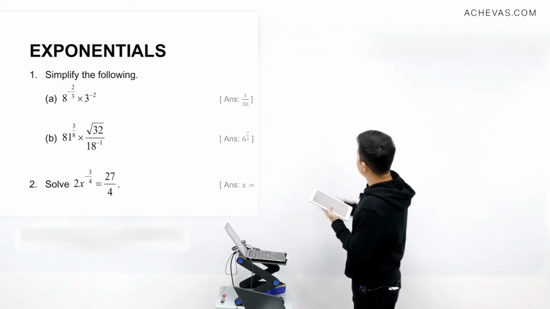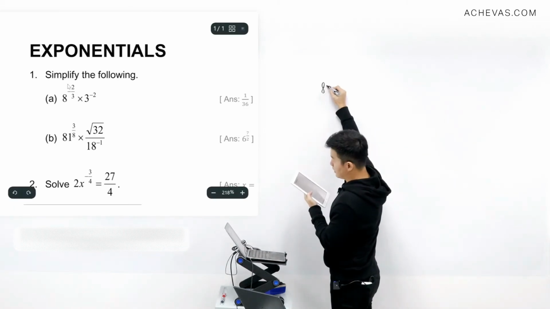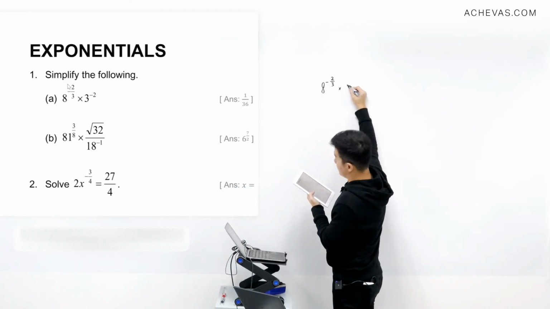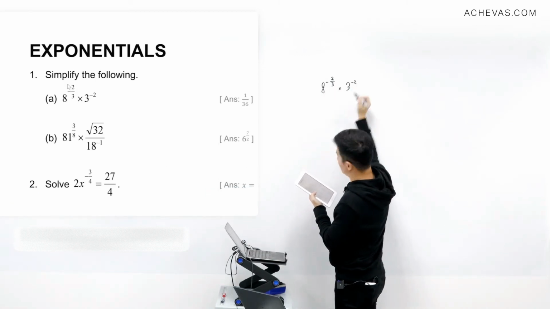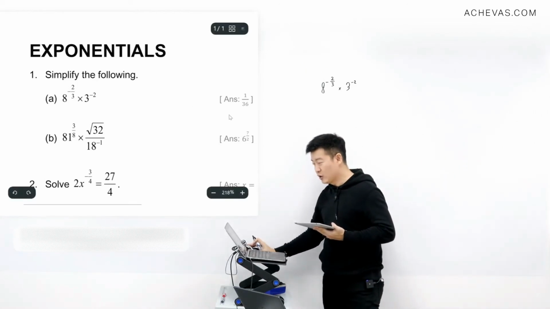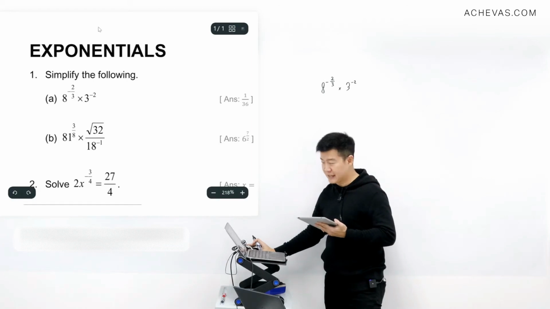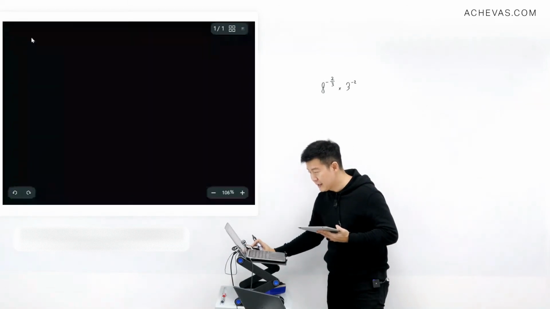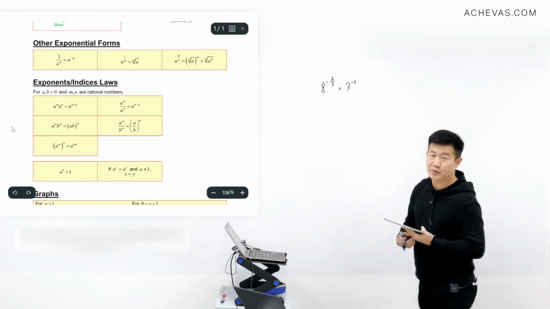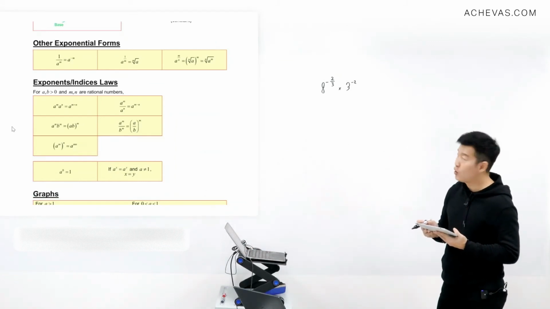So we are looking at 8 to the power of minus 2 over 3 multiplied by 3 to the power of minus 2. Let's try to simplify this and let's see whether we are going to be able to get 1 over 36. So let me flesh out this again because we are going to be using these few expressions and these few laws.